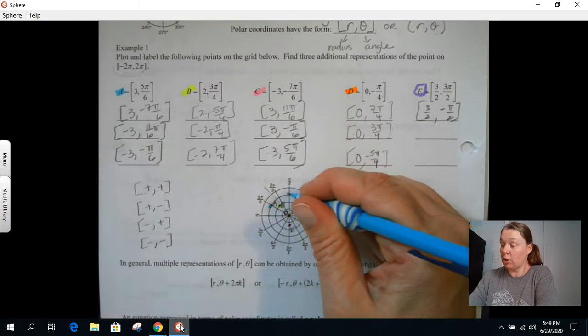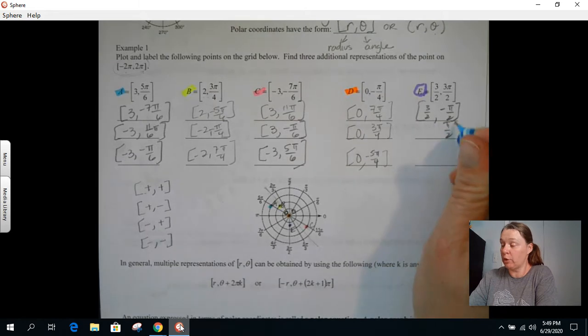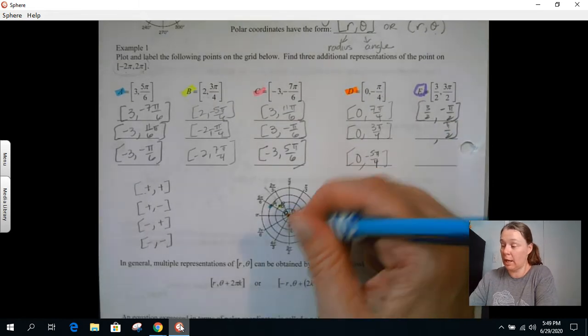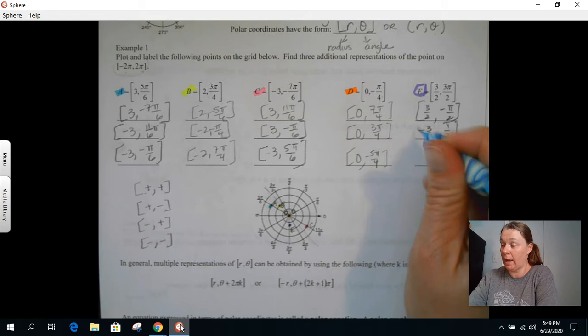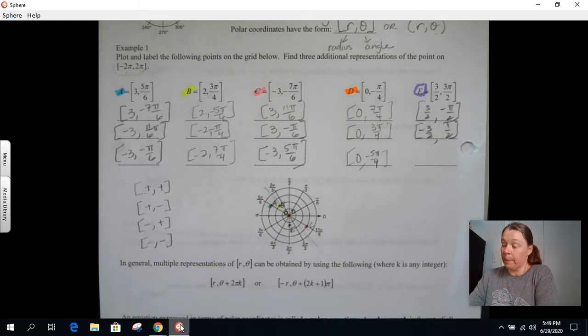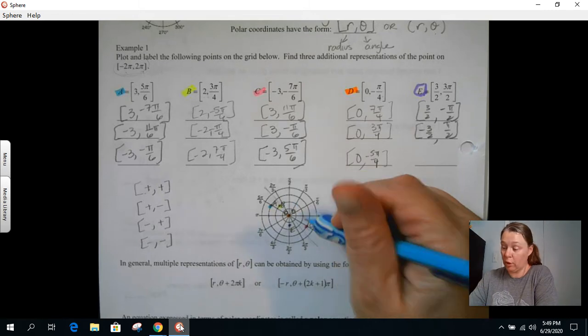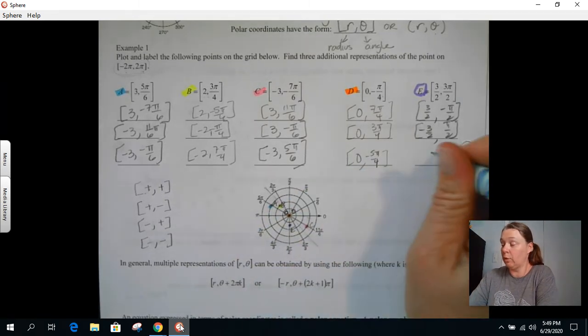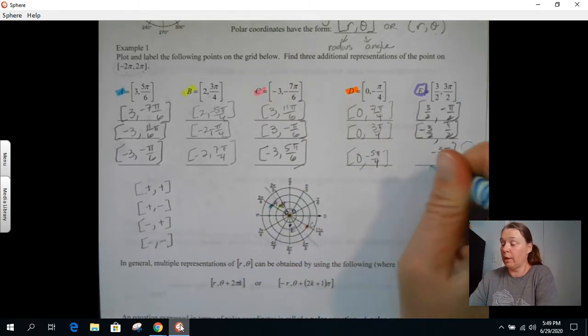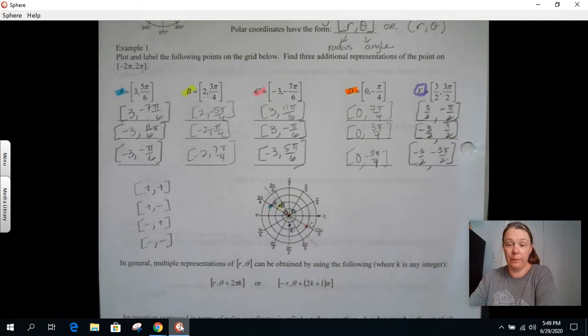Or I could have done a rotation of positive pi over 2, but then if I'm over here, to get to the other side, I'd have to make this negative 3 halves. And instead of going positive 3 pi over 2, I could have gone negative 3 pi over 2. And then I'm on the wrong side, so I'd have to have a negative radius to get to the other side.